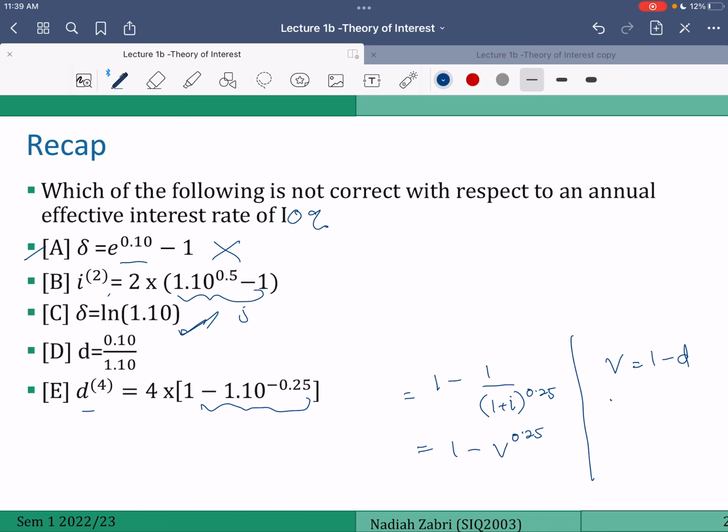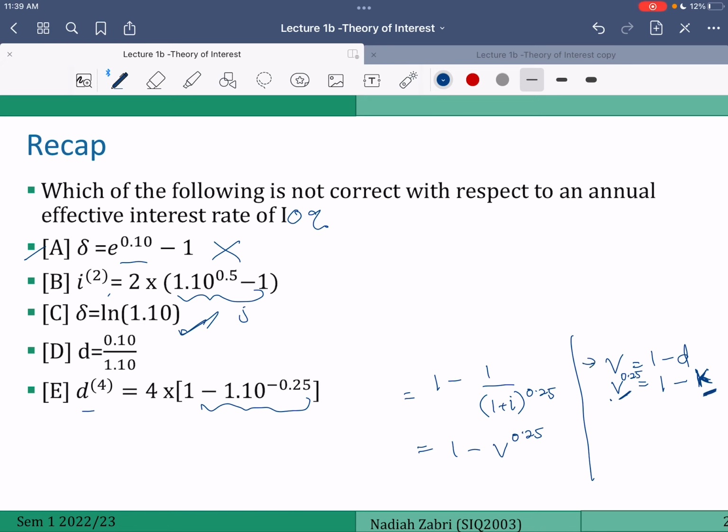If we are talking about the fractional discount rate, we always call it K, right? So imagine this K is the quarterly compounded discount rate. So 1 minus K equals v to the power of 0.25. The discount rate has to be compatible with the period that we are talking about.